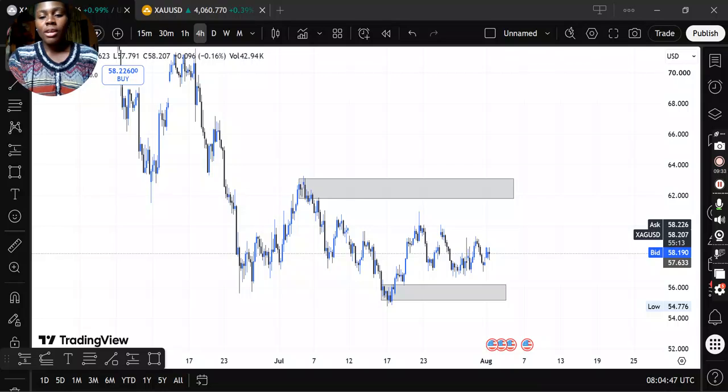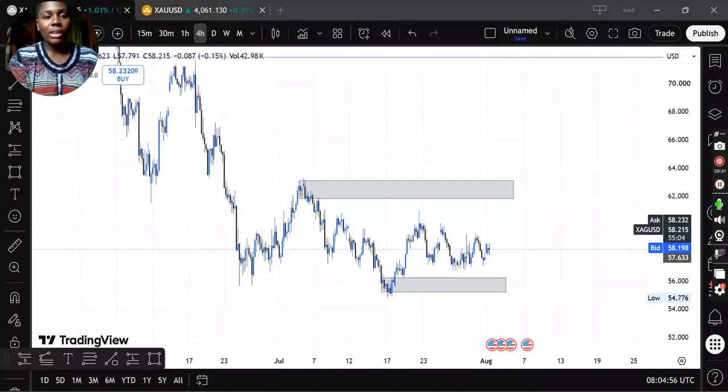Now there are concepts that you need to understand, like what I'm teaching right now, liquidity engineering. This actually helps you to identify areas of interest, improves your patience, avoids emotional entries, and combines liquidity, market structure, and other confirmations, right?